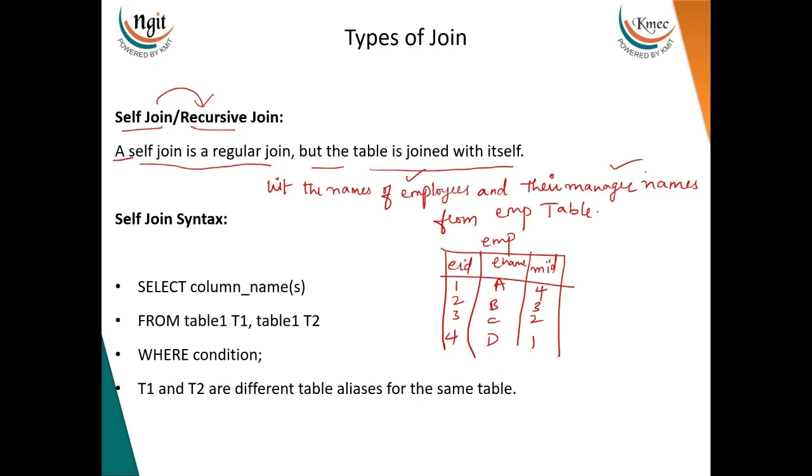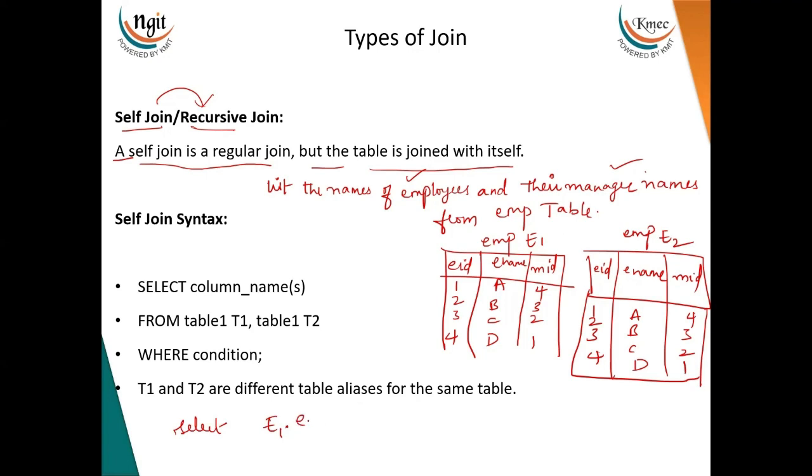So when manager names are also asked, from the table, we have employee names, but we don't have manager names. But by making use of self-join, you can also get the names of the manager. Self-join means join operation is performed on the same table. So thereby, I am taking the same table here. One more, let us assume that this is the blueprint or the Xerox of the original table.